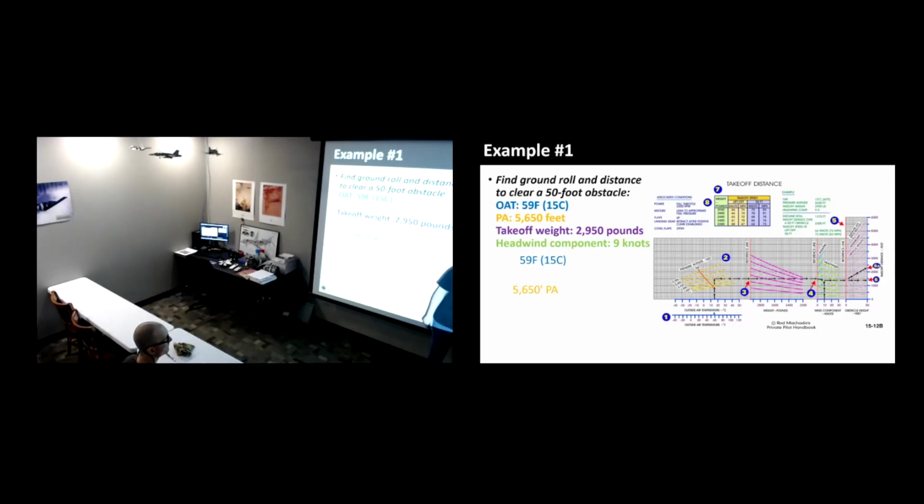This thing is so difficult, I feel like... our weight is 2,950 pounds. Well, that's the max weight for this airplane. So we're not going to do anything because it's already on that line. For example, not to confuse you, but say our weight was 2,600 pounds.